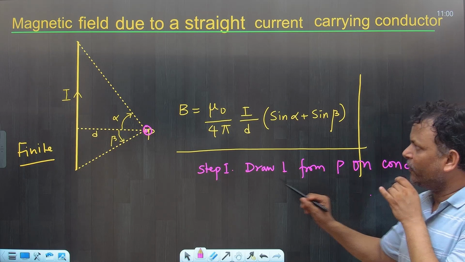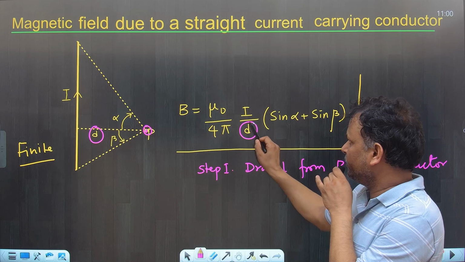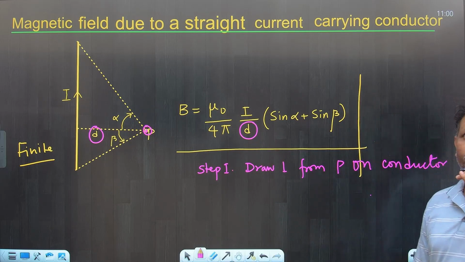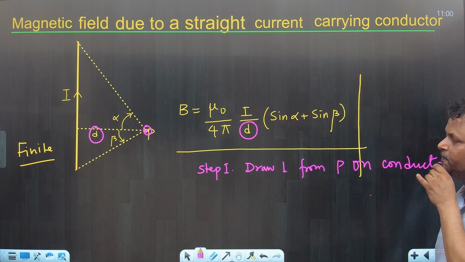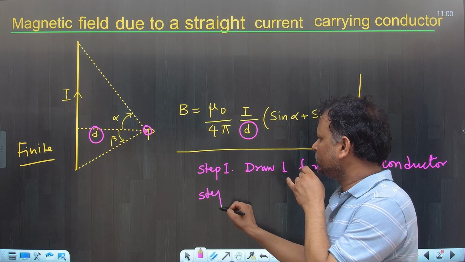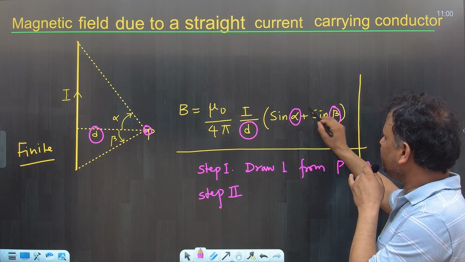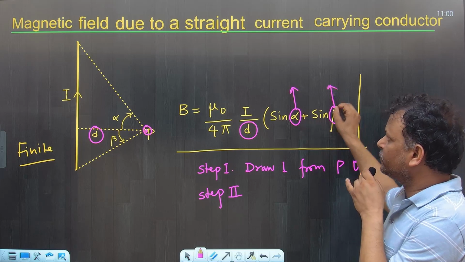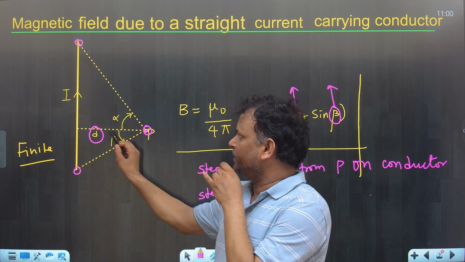And the length of that perpendicular is D. So step 1 is draw a perpendicular from point P on the conductor, and step 2 is what are alpha and beta? Alpha and beta are the angles made by the end points of the conductor with the perpendicular.